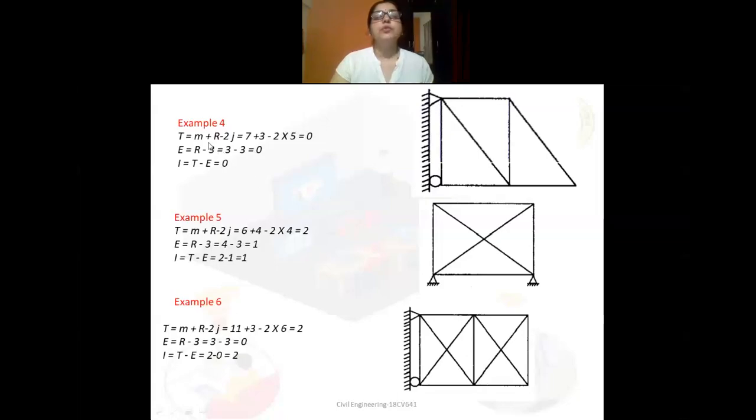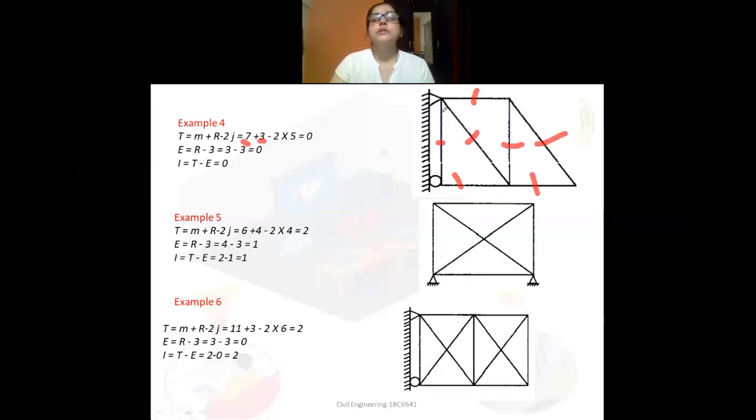So similarly, we have to do example 4, example 5 and example 6. Here the number of members, if we do, we know that there is a hinge and a roller, so reactions is equal to 3. We can notice reaction is 3. Number of members is 1, 2, 3, 4, 5, 6, 7, so the number of members is equal to 7.